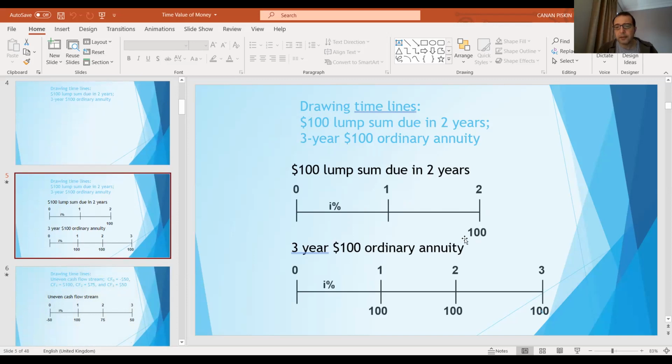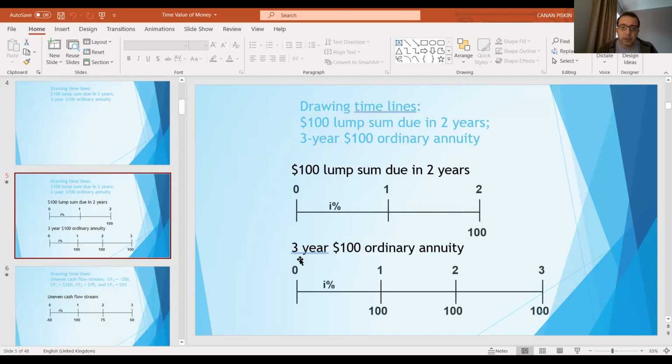As you have seen, the $100 is paid in 2 years' time. The annual interest rate per period is I. It doesn't say anything but I. So if you want to find the present value, we need to discount for 2 periods. But this is a one shot payment, right? We don't have any series of payments in the first one.